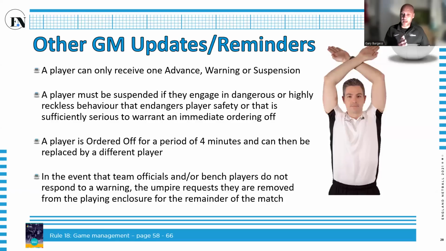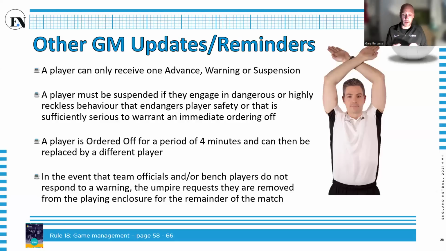Now, for a suspended player, that remains at 2 minutes, but a change to the suspension rule means that the suspended player does not have to return to court to then be substituted. After the suspension period has elapsed, they can return straight to their team bench. Now, if that happens, what we are suggesting to players and coaches is that the replacement player stands by the suspension chair with about 15 to 10 seconds to go so that the umpire knows that they're ready to come on.